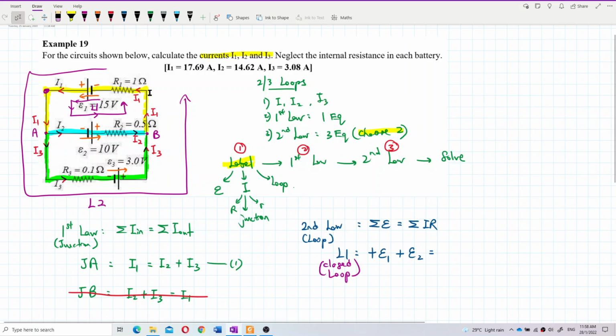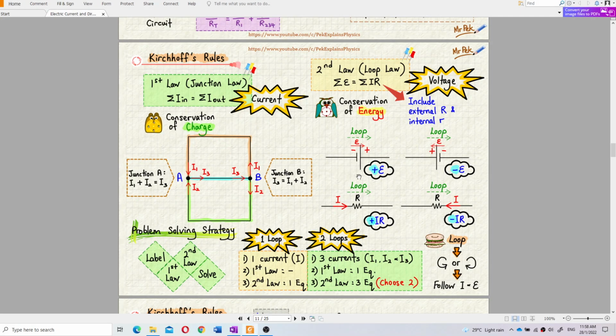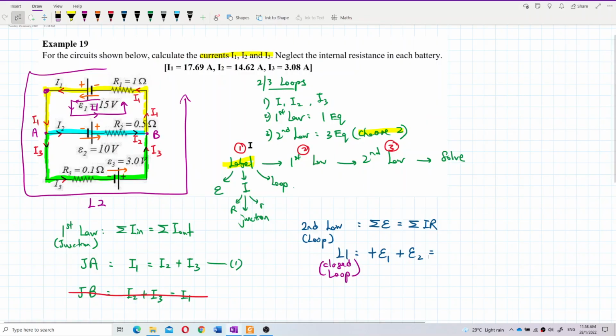And the loop is also going to the left. So when current and loop are in the same direction, it is positive IR. So this I1 R1 is in the same direction as the loop, so it is positive I1 R1.